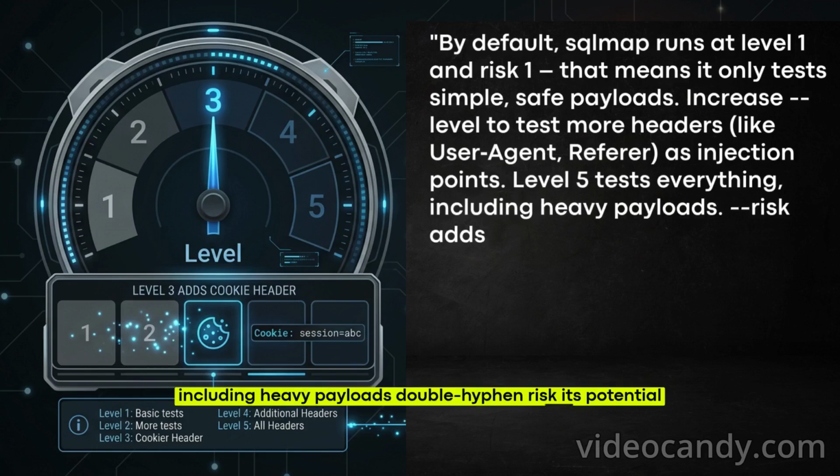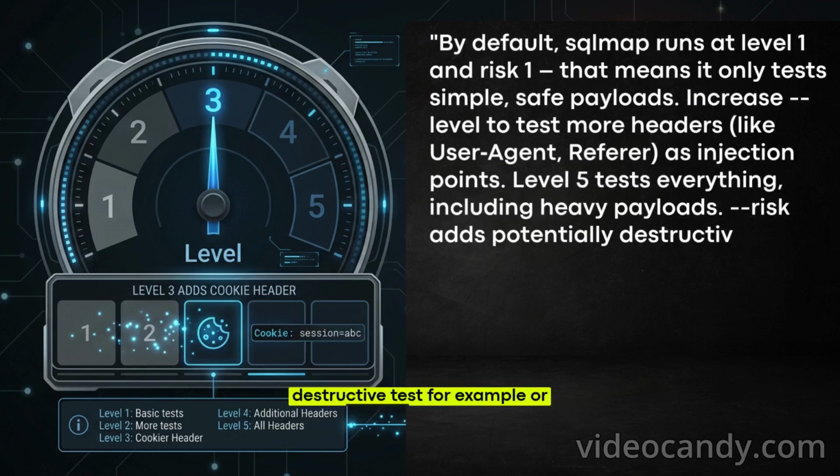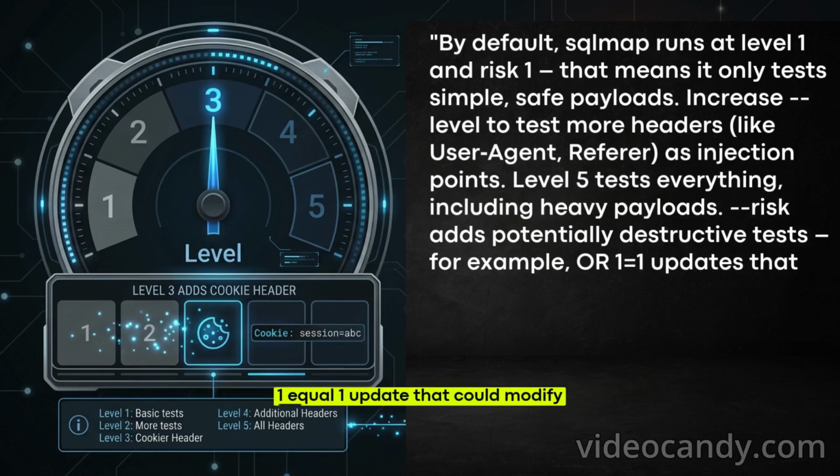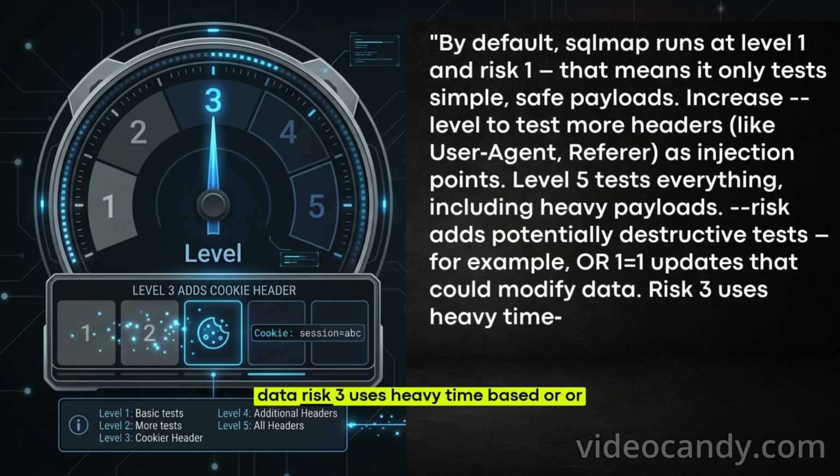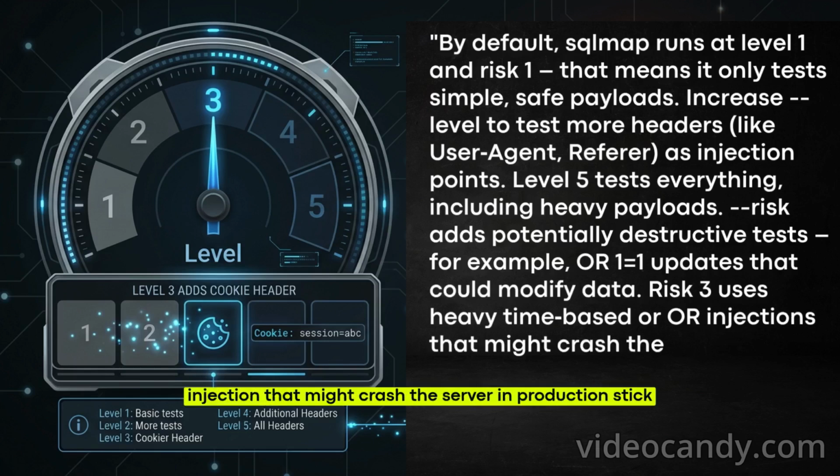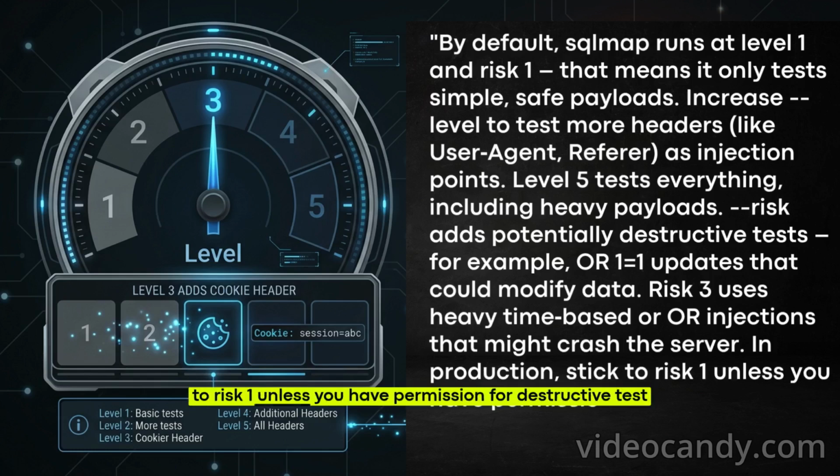Double hyphen risk adds potentially destructive tests. For example, OR 1 equals 1 in an UPDATE that could modify data. Risk 3 uses heavy time-based OR injection that might crash the server. In production, stick to risk 1 unless you have permission for destructive tests.